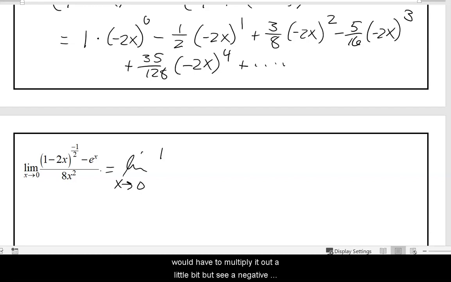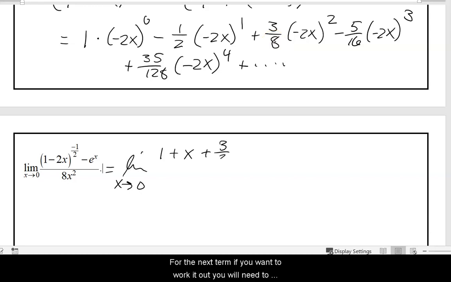Let's see, a negative times a negative would give me a positive, 1/2 of 2 would give me plus x. For the next term, when I square the negative 2x, I would get 4x squared, and then when I multiply by 3/8, the 4 and the 8 would cancel, and I would get 3/2 x squared.